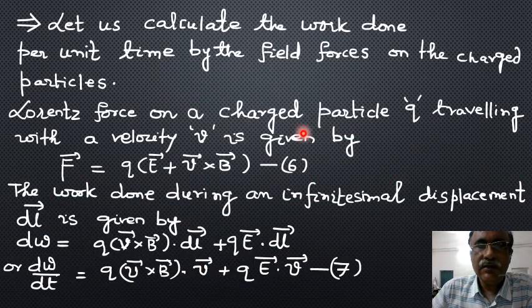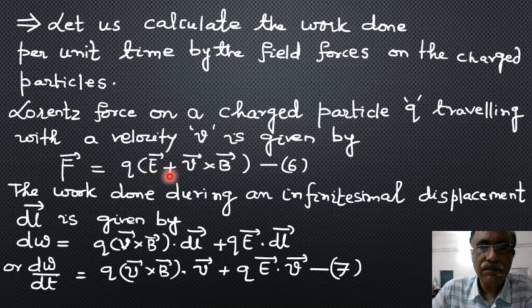Now let us calculate the work done per unit time by the field forces on the charged particles. The Lorentz force on a charged particle moving with an instantaneous velocity v is given by q into E plus v cross B. During an infinitesimal displacement dl, the work done will be dW equal to q into v cross B dot dl plus q into E dot dl.